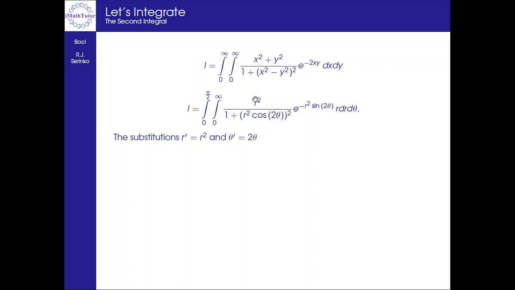This r squared will become an r prime. So now the limits on theta prime are 0 to pi over 2. The limit on r prime doesn't change. So what we've done here is I've taken this r prime and moved it over to my new differential.